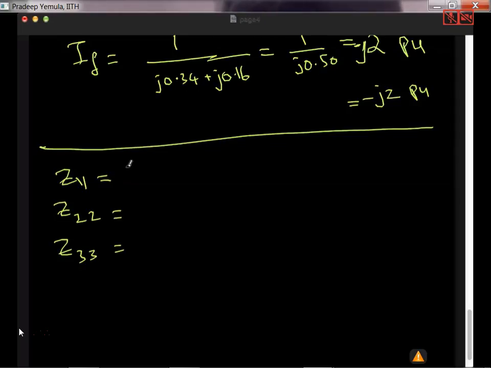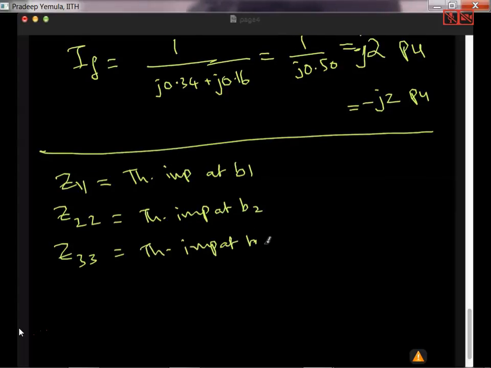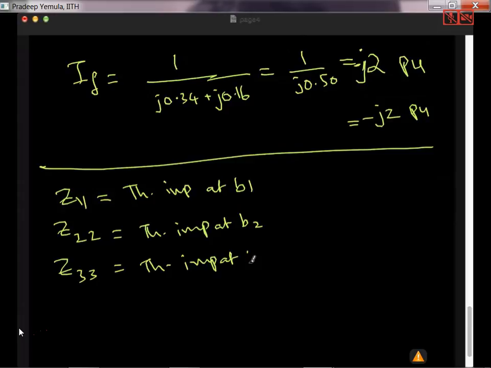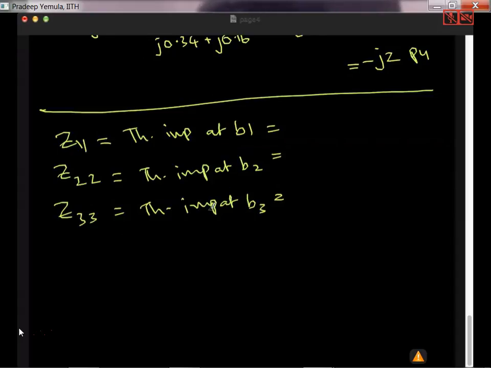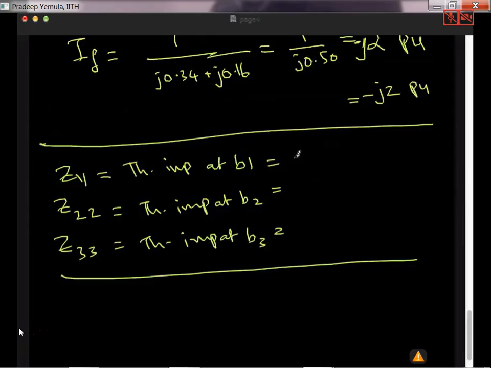These are nothing but Thevenin's impedance at bus 1, bus 2 and bus 3. If I know these values, then it is easy to calculate the fault current, isn't it? If you know the Thevenin's impedance already, you can easily calculate the fault current when the fault impedance is given.